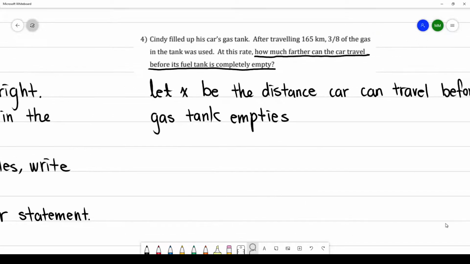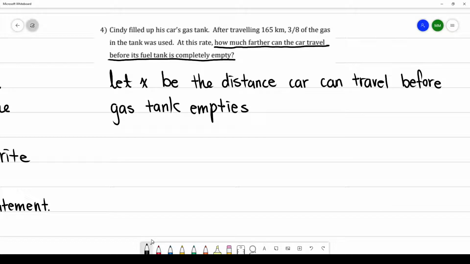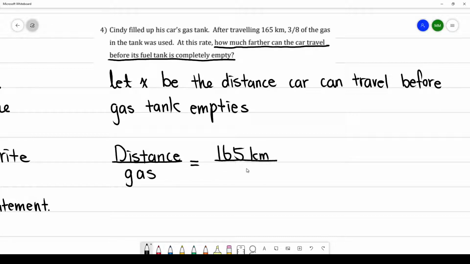So this is a proportion question. You can solve it like this. Distance over gas is equal to 165 kilometers over 3/8, and that is equal to, actually I don't need the units here, x.